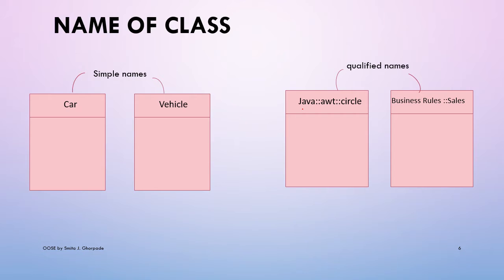At this path the Circle class is present, or these are the certain packages from which this Circle class appears. One more example is Sales, a class present in the BusinessRules package. So like this, a class name can be given in a simple naming format or in qualified names.